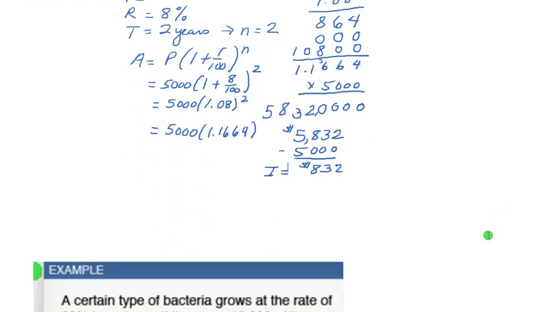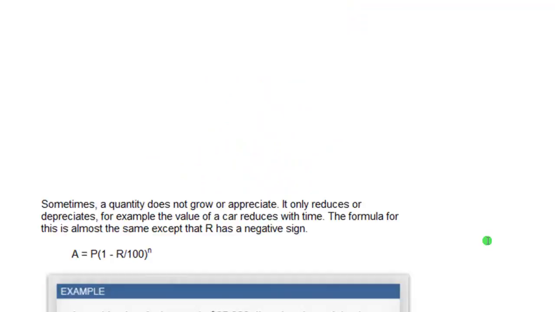Let's do a couple more and then we'll be done. A certain type of bacteria grows at the rate of 60% in an hour. If there are 10,000 of these bacteria initially, what will be their number after 2 hours? Here's the thing. Population growth like this, or bacteria growing, that is compound interest. It's the same formula, so you're going to use your same formula.